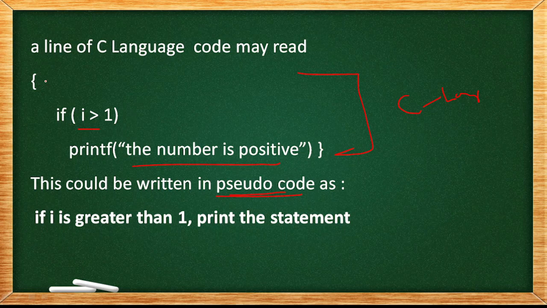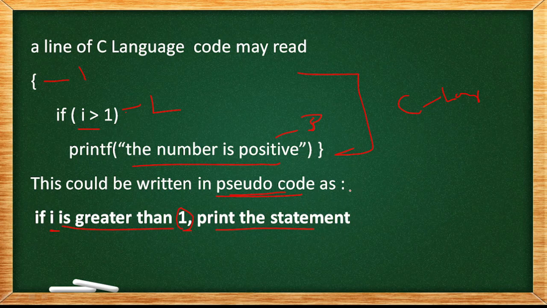Here we write a 3 line program: the first line, the second line, and the third line. But when represented in pseudocode it is a single line: if i is greater than 1, print the statement. This is a pseudocode program.